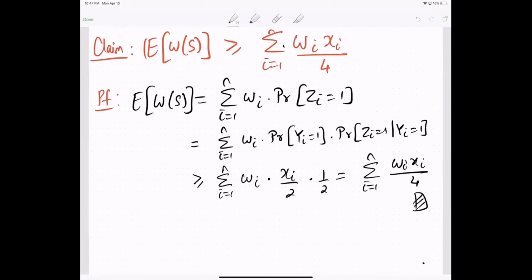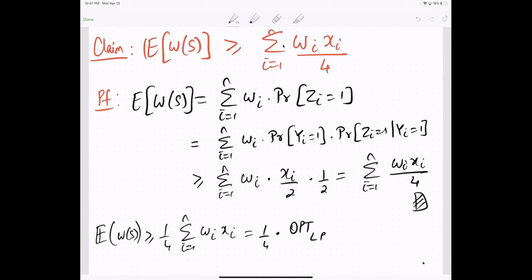And now why does this give a 4 approximation? Because let me just do that final step as well. Right, and now this is exactly 1/4 times OPT of LP. So you solve the linear programming problem, and these are the x_i values that were assigned. So the objective function took this value.